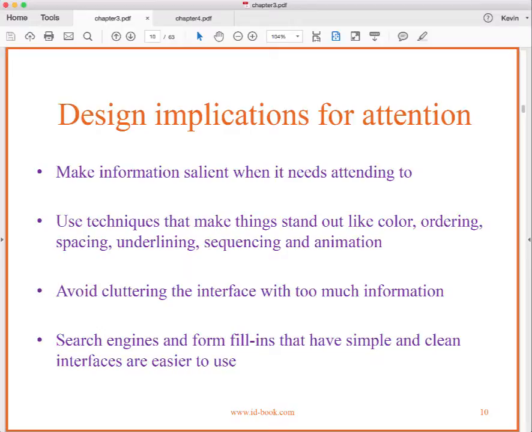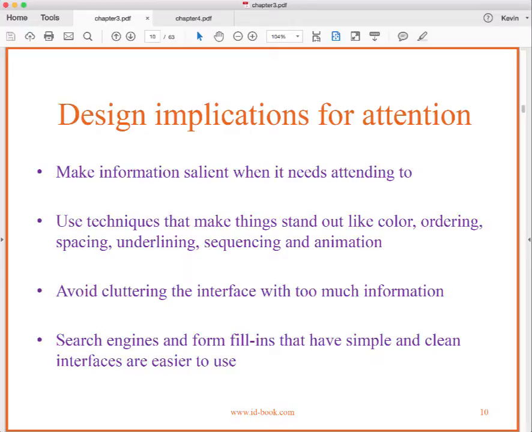Okay, so it might not need attending to all the time. So whatever we're going to use to make it salient might not be static; it might be dynamic. We're going to use techniques that make things stand out, like color, ordering, spacing, underlining, sequencing, and animation. We want to avoid cluttering the interface with too much information. Certainly, that's consistent with tips and tricks.